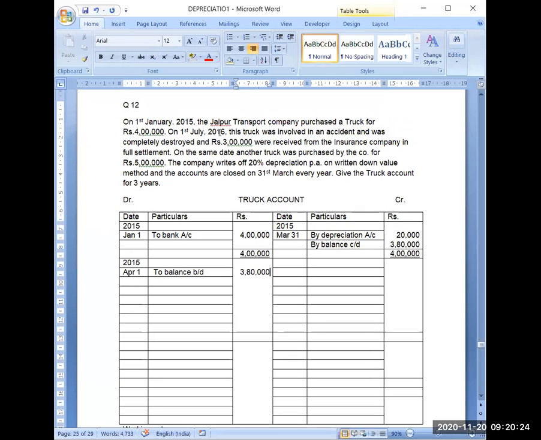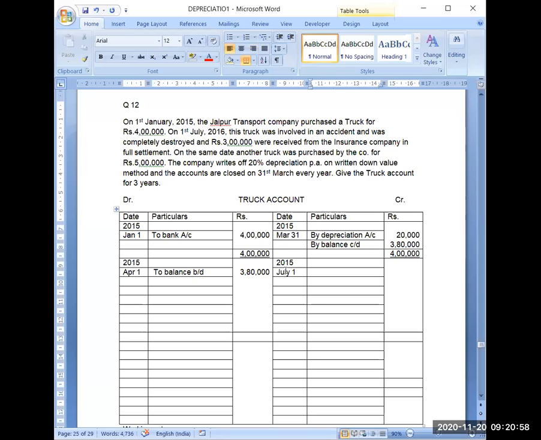Now it is saying on 1st July 2016, this truck was involved in an accident and was completely destroyed. And rupees 3 lakh were received from the insurance company. So on July 1, what journal entries you will be doing, that you have to see first. The first journal entry which we will be doing after the accident is, because we have an insurance, so we will demand the money from the insurance company.